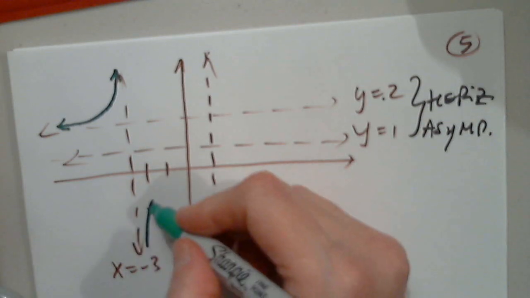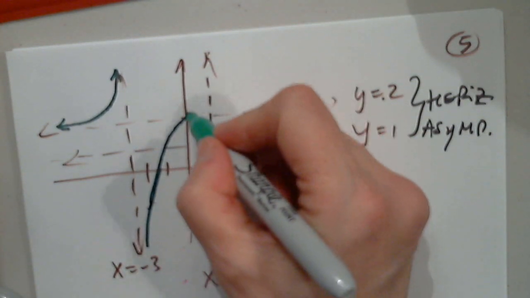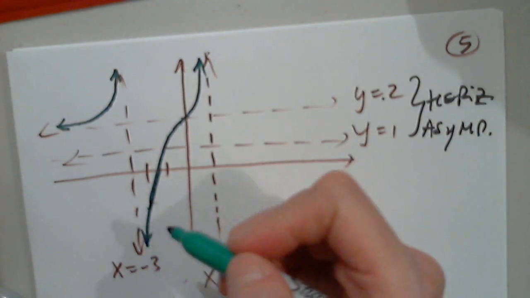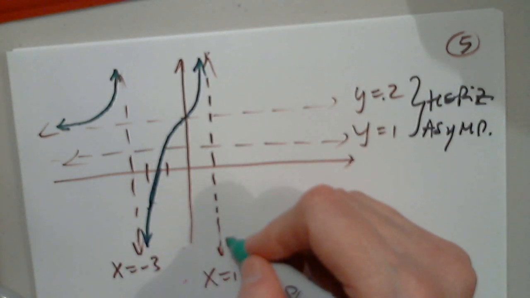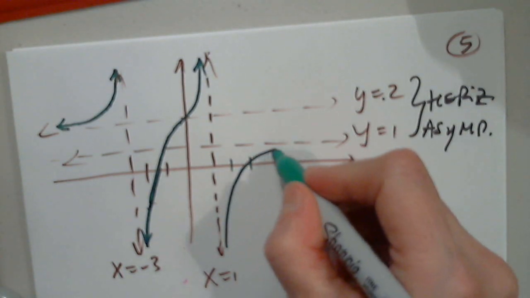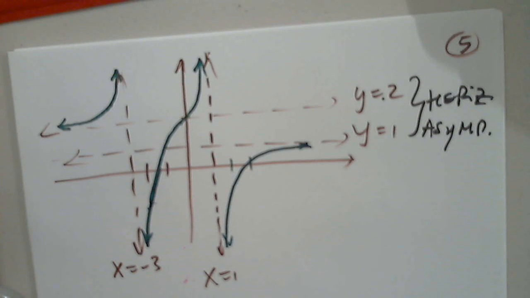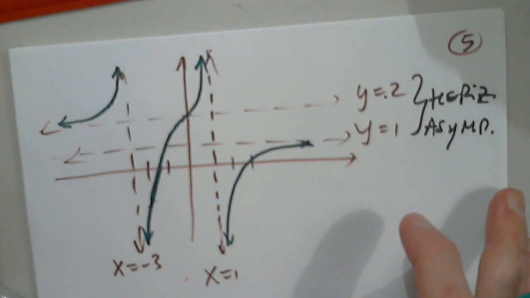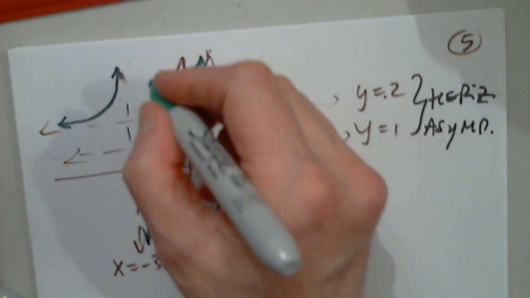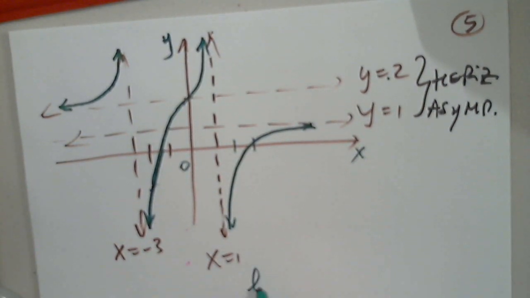Yes, crossing at 2. And then crossing at 3. Okay, this is important to understand how to read from graphs. And then we'll go to the algebraic part.